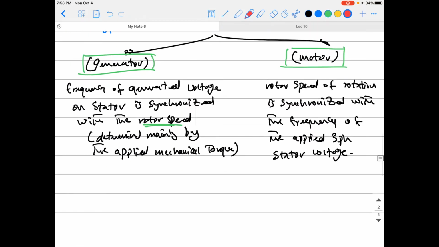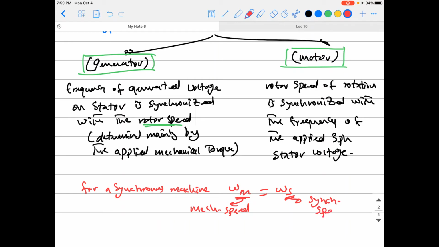Keep that in mind. Before I go on, so it is ns, the synchronous speed, omega s, and all that stuff. For a synchronous machine, omega m equals omega s, okay? We call them the same thing. Omega m is the mechanical speed of your rotor. Omega s is the synchronous speed. So if you're talking about a synchronous machine, you can deal with them as the same thing.